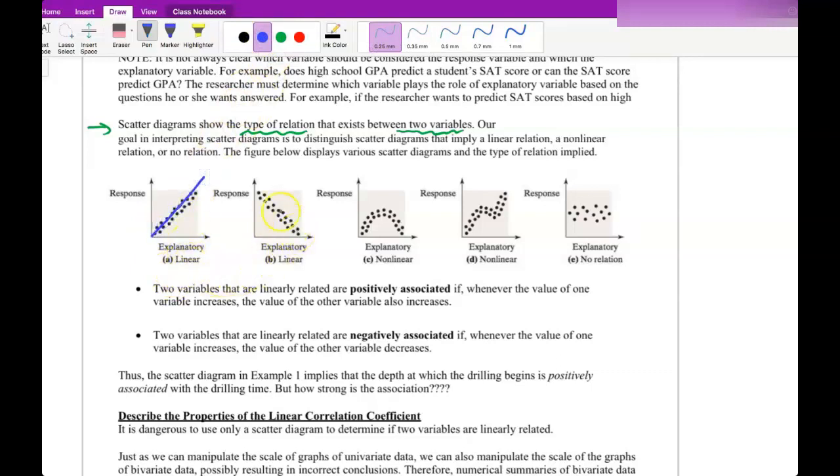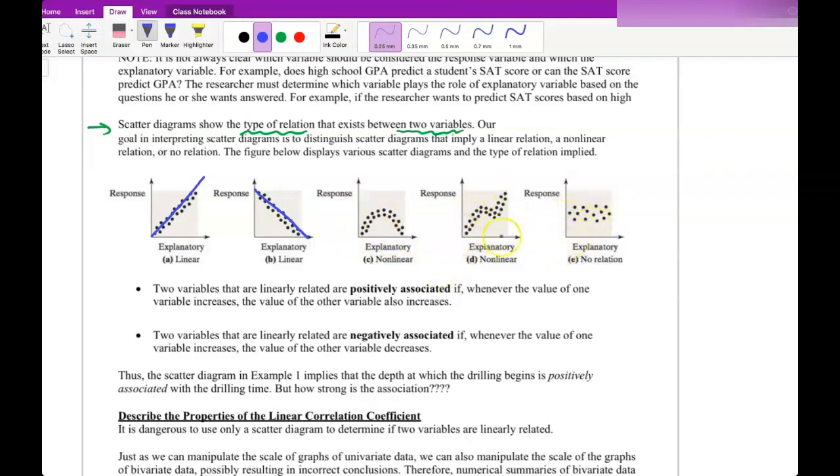Same thing for this one. But here I'm not able to draw a straight line. Here, same thing.